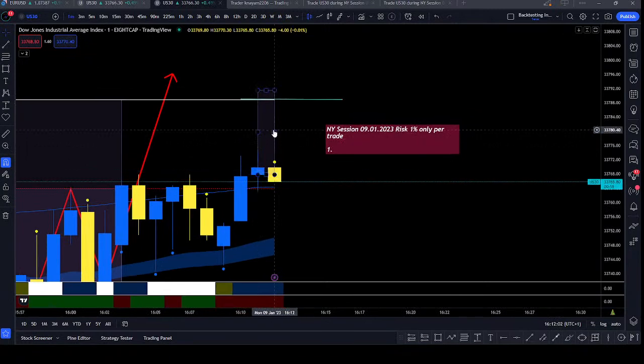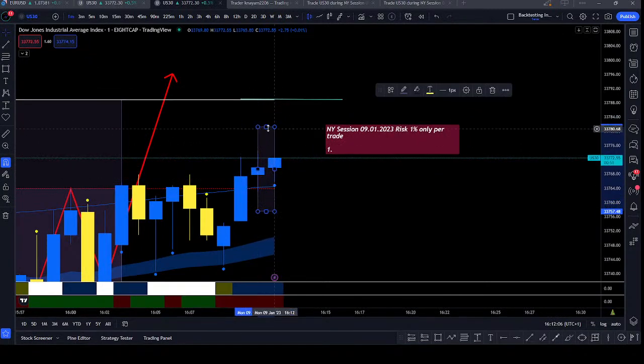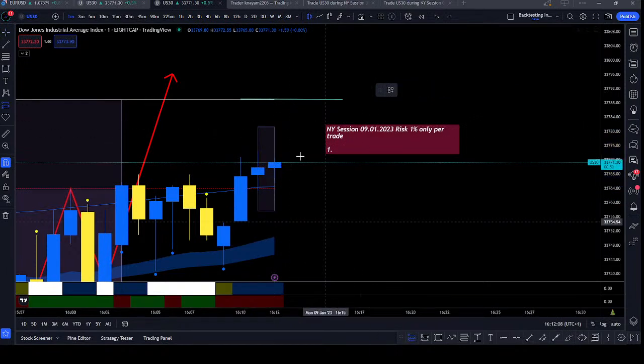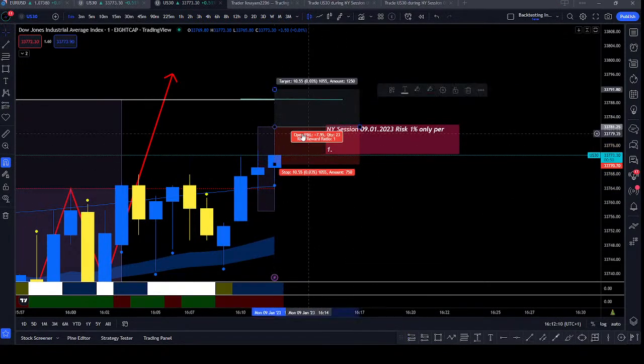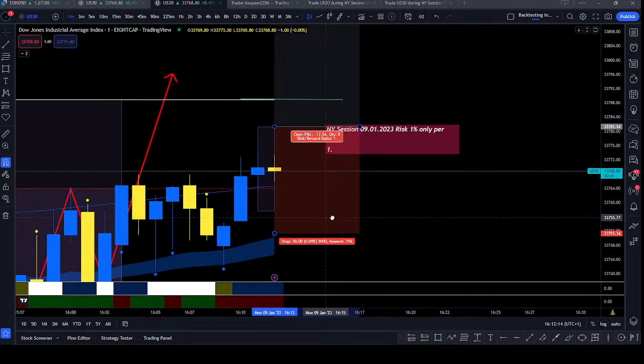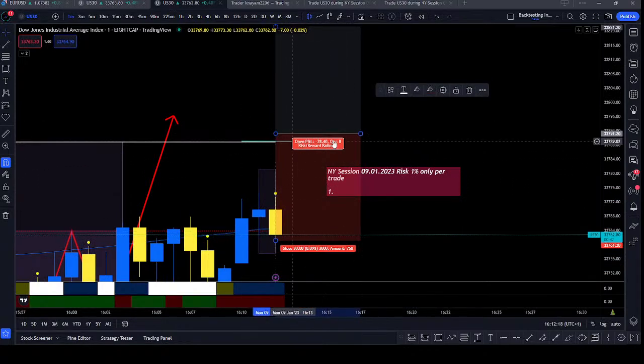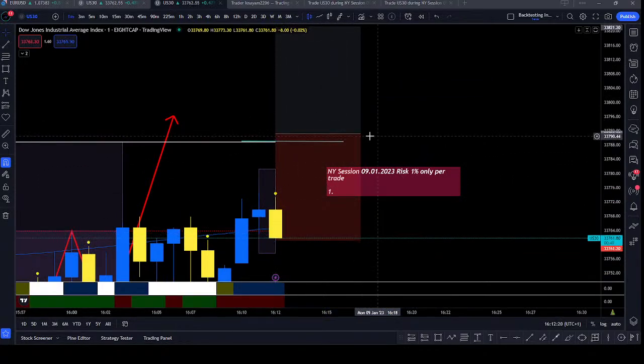I want the price to close somewhere here, so I can still enter the trade at this level and take my 30 points. If it closes and breaks this level and gives me an entry over here, that would not be a high winning trade for me.